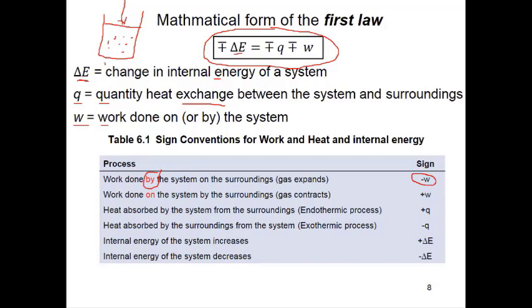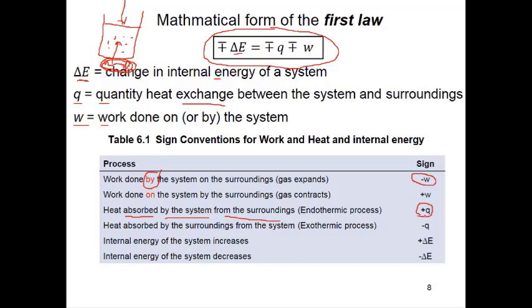Suppose you heat this thing with the heater, and a quantity of heat goes inside. Then Q will be positive, which means heat goes from the surrounding to the system. Heat is absorbed by the system from the surrounding. This heater is in the surrounding; the system is only the cylinder.